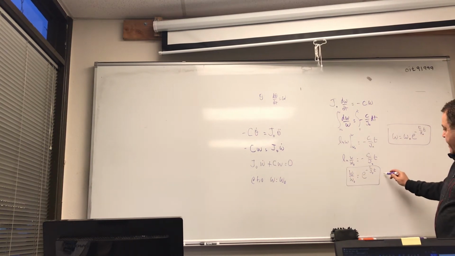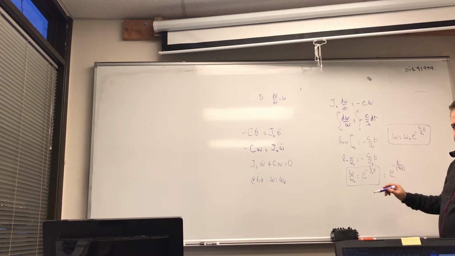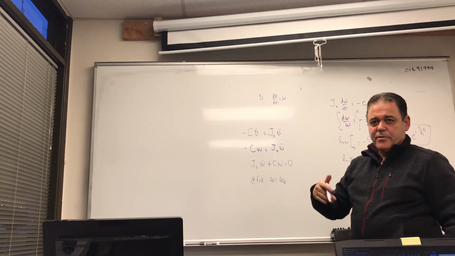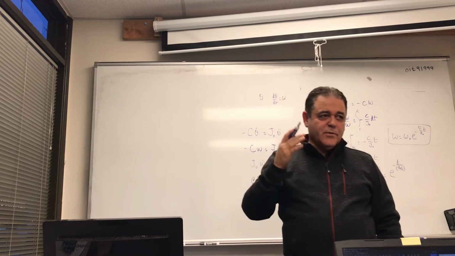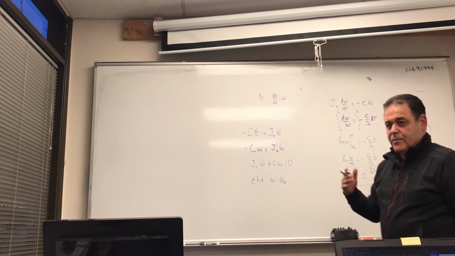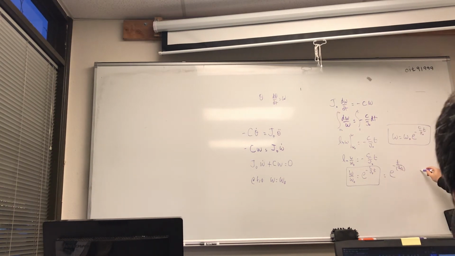I can write this equation as exponential of minus t over J naught over C. Have you taken electrical classes where you did the capacitors charging and discharging? Every time we do those, we talk about time constants, okay? Why is it time constants? When you write it like this, when do you get exponential of minus 1?